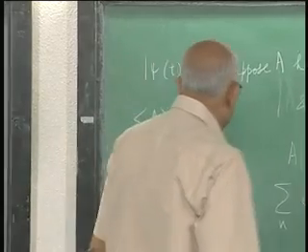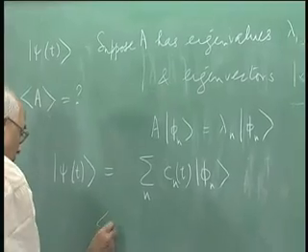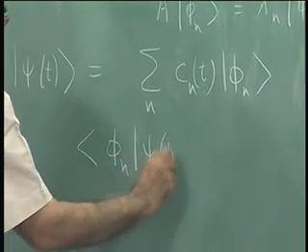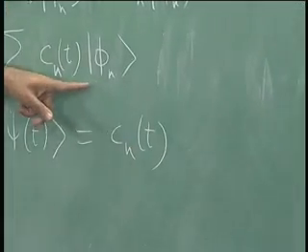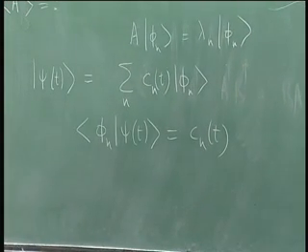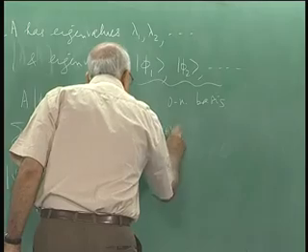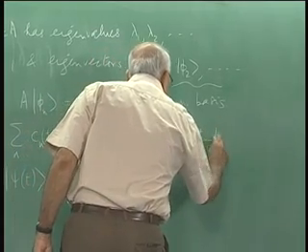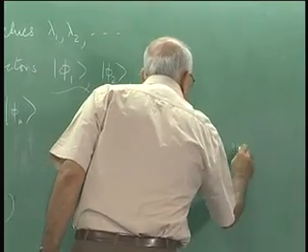Then once I do this, what is the expectation value? Well, what does this imply? This implies that the probability amplitude that the state psi of t is in fact the unit vector phi n is given by this here, and the probability interpretation of quantum mechanics says that mod Cn of t whole squared is the probability that the system is in the state phi n at time t.